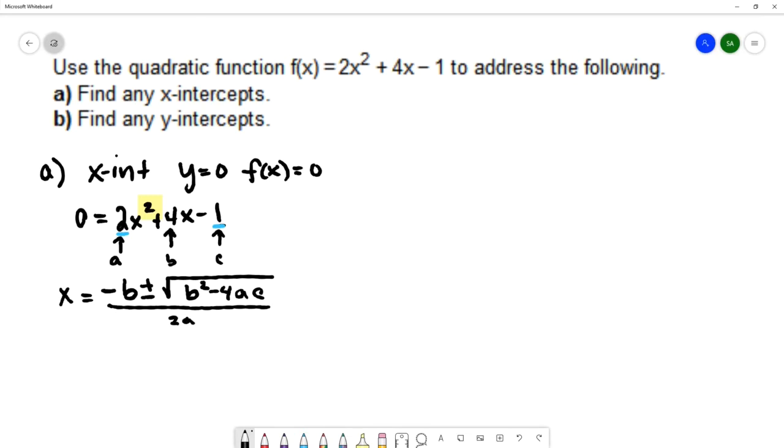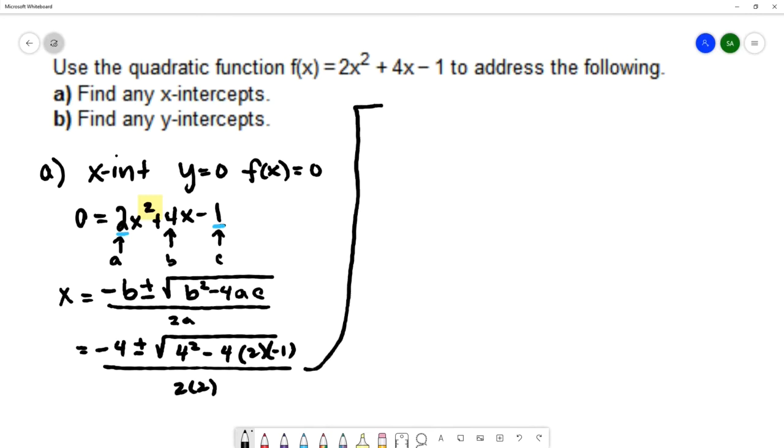So we're going to substitute our coefficients into this formula. That gives negative 4 plus or minus the square root of 4 squared minus 4 times 2 times negative 1, all over 2 times 2.